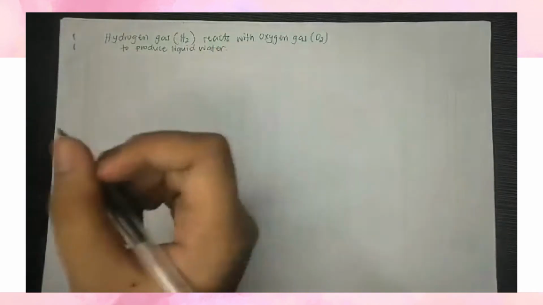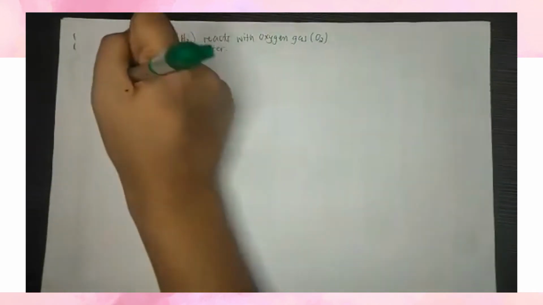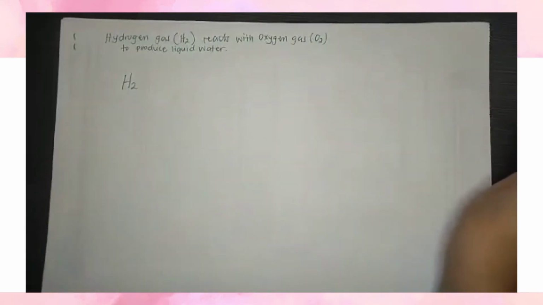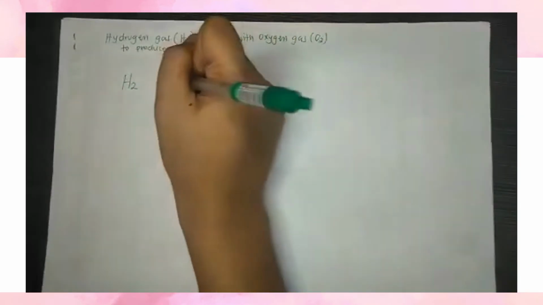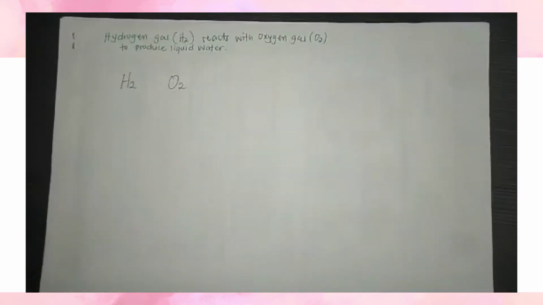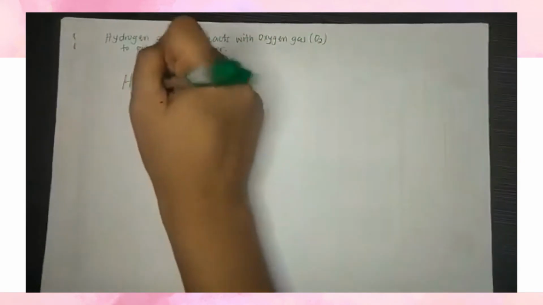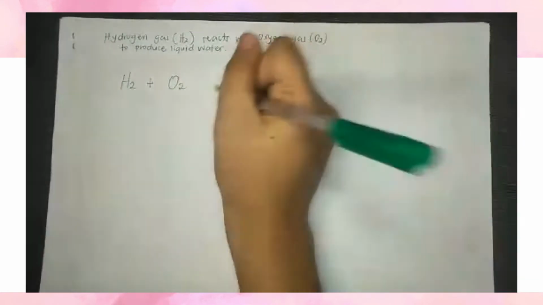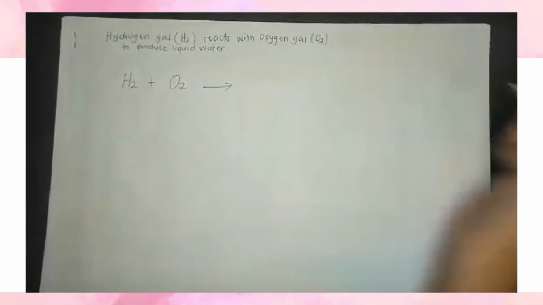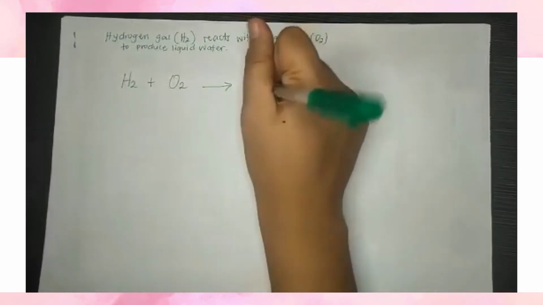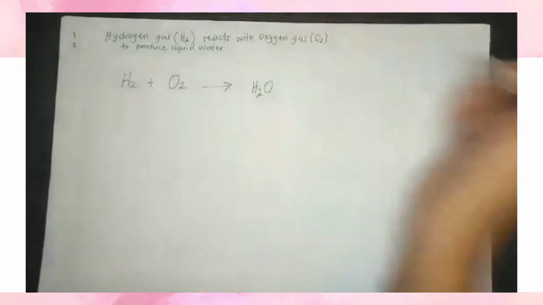So we have a reactant of hydrogen gas, so it would be H2, and an oxygen gas, O2. So those are our reactants. It says that hydrogen gas reacts or adds up with oxygen gas to form our product, water. So water is H2O.